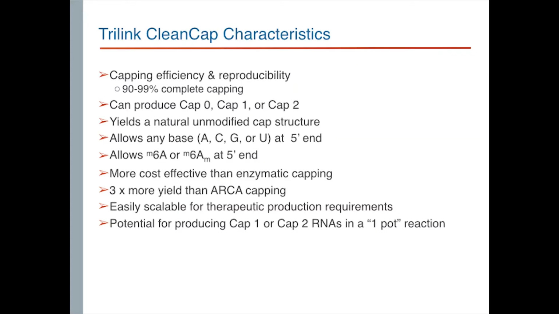So they get grafted in during T7 polymerization. In TriLink's hands, this capping efficiency, using good old T7 polymerase, is 90 to 99%. And they can graft in a lot of other caps as you like.